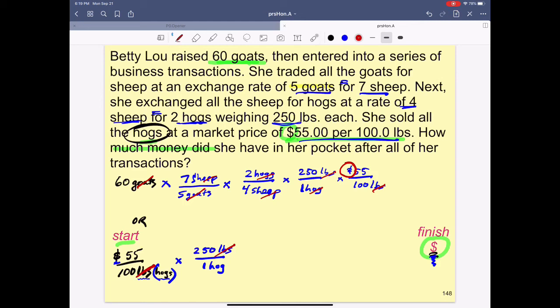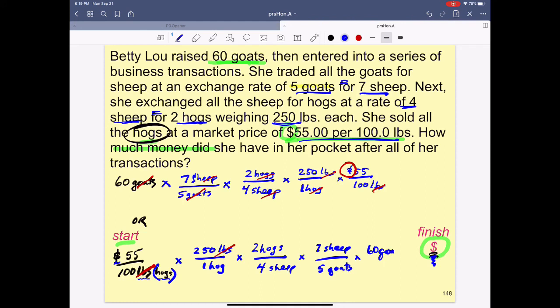But we need to know how many hogs came from sheep, so we can say that for every 2 hogs or pigs, Betty Lou's got to trade 4 sheep. And Betty Lou, of course, started with goats, so for every 7 sheep, Betty Lou trades 5 goats, and Betty Lou started with 60 goats.